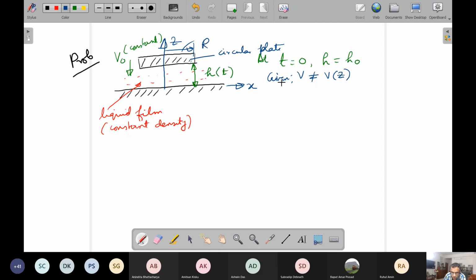So with this, the problem is to find out the pressure difference between, say, let us mark maybe two sections.